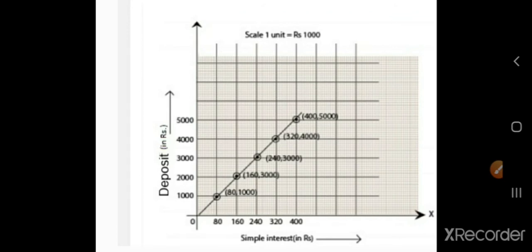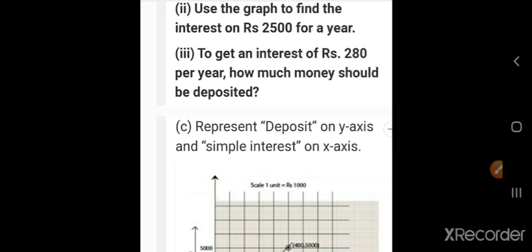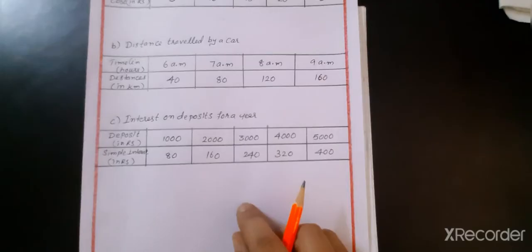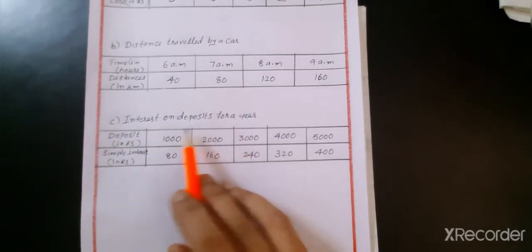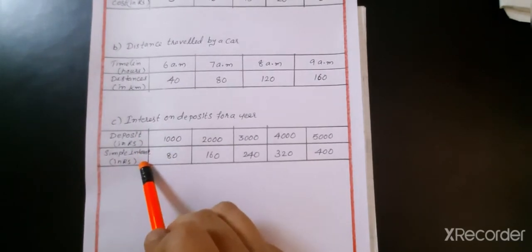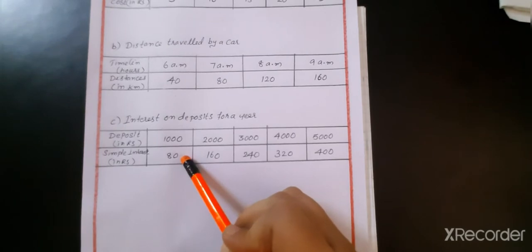Now let us draw the graph for this given data. Children, see the question. Interest on deposit for a year. The deposit amount in rupees and simple interest are given. If the deposit amount is 1000, the interest is 80.